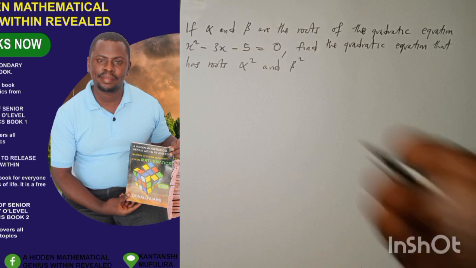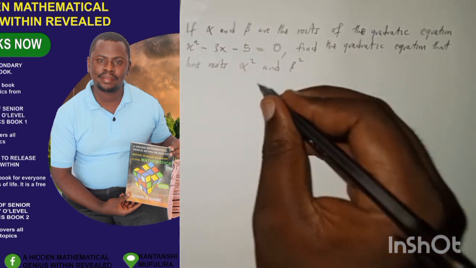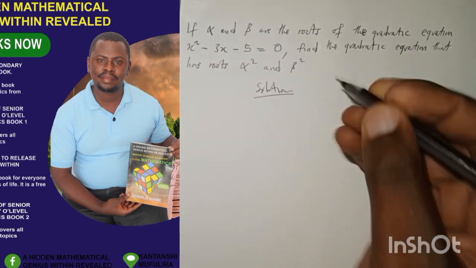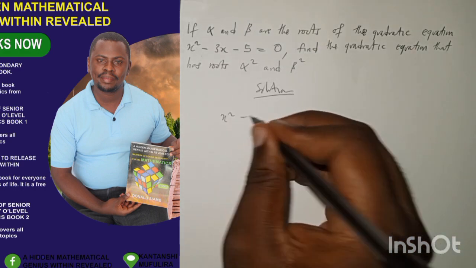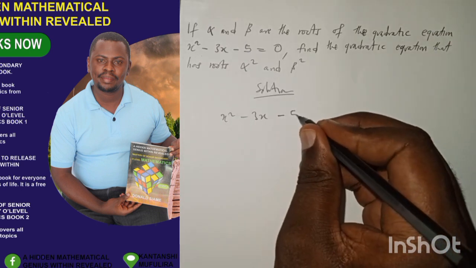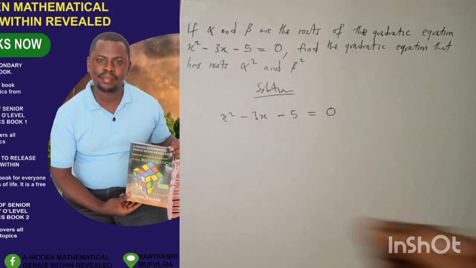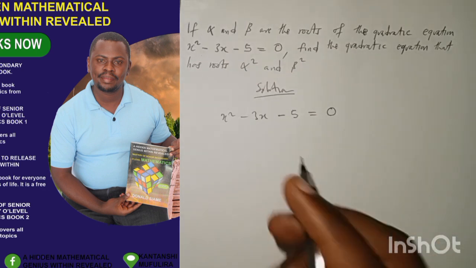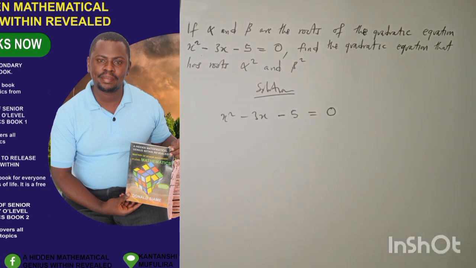So first thing, from the given equation x squared minus 3x minus 5 is equal to 0, we need to come up with the value for sum and product, and we know that the symbols for the roots of any equation are just alpha and beta.